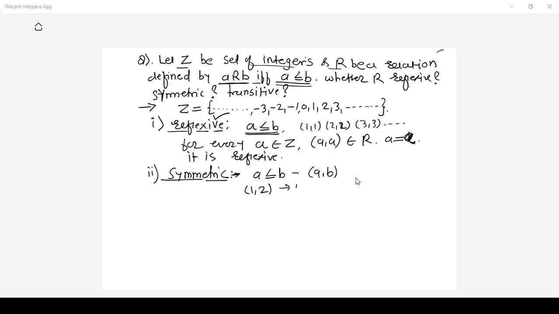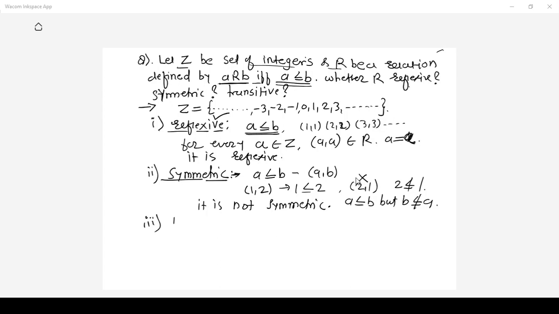Because 1 is less than or equal to 2, but I can't write (2, 1), as 2 is not less than or equal to 1, and hence it doesn't satisfy the symmetric property. Hence you can say it is not symmetric. Or in general also, you can write A is less than or equal to B, but B is not less than or equal to A. So it's not symmetric.